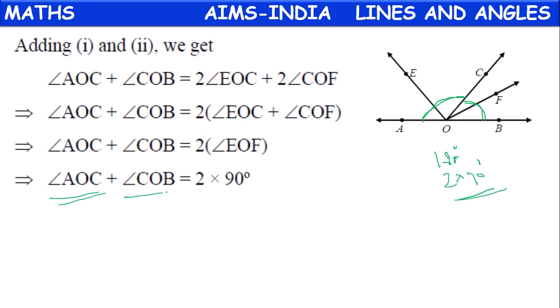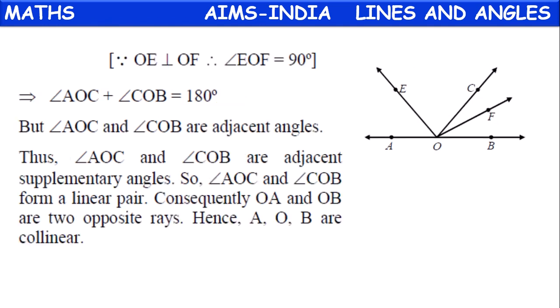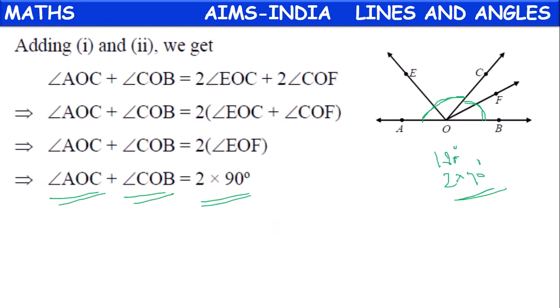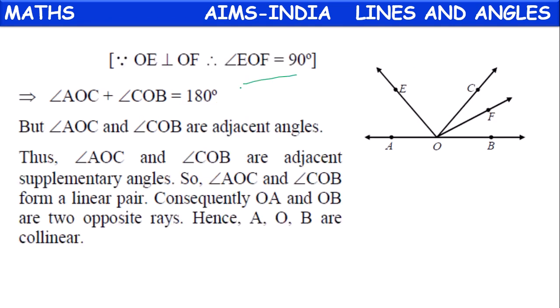So this AOC plus COB can be written as 2 into 90 degrees, which means EOF equals 90 degrees.